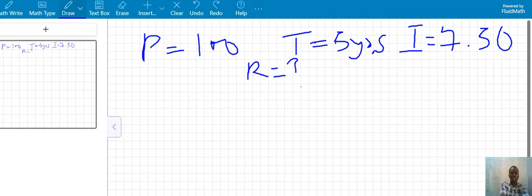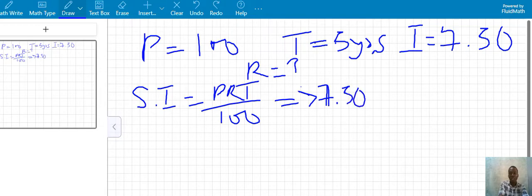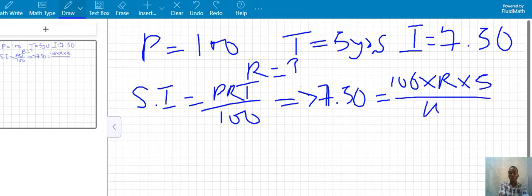And remember that our simple interest is equal to principal times rate times time, over 100. Now our interest will give us 7.50, equal to principal, which is 100, times rate, which is what we are looking for, times the time, which is 5 years, all over 100.